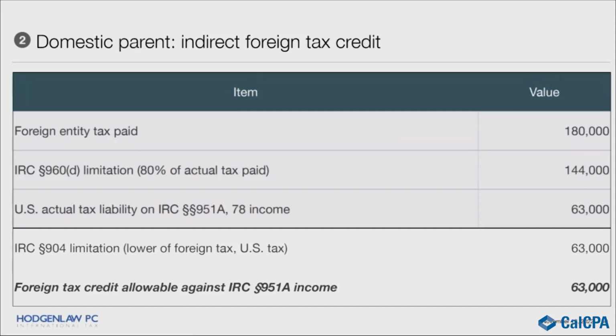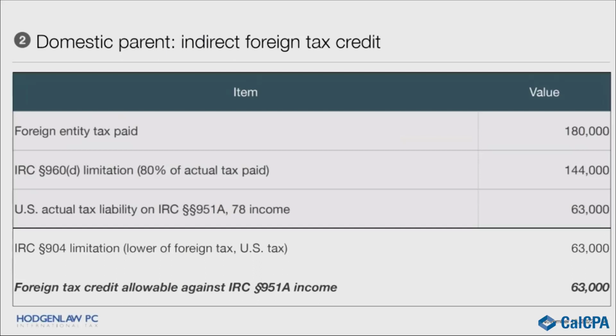That's the make-pretend amount that for global intangible low-taxed income purposes, we're going to pretend was actually paid to the foreign country. The actual tax liability in the United States, by contrast, is only $63,000. So you remember that was the calculation. Total inclusion, divide by 2, because you got the 50% deduction, times 21%, $63,000.